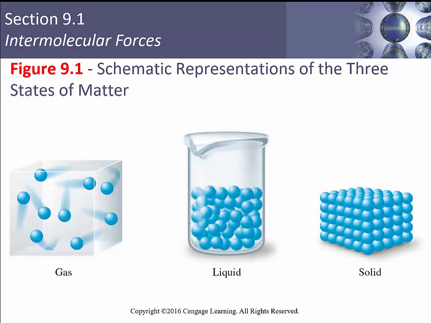A gas will expand to fill the entire container. So in a liquid, our volume is fixed, but it's free to move around. The molecules are close to each other, but they're sliding past one another. In a solid, they're all arranged nice and tight to each other. They're going to have a fixed volume and a fixed shape.